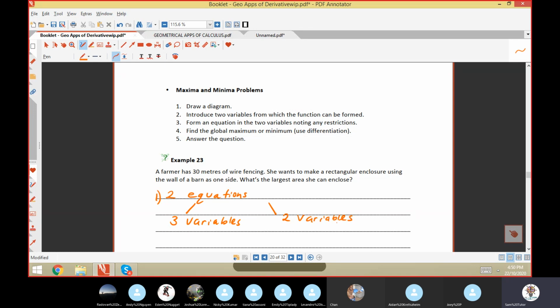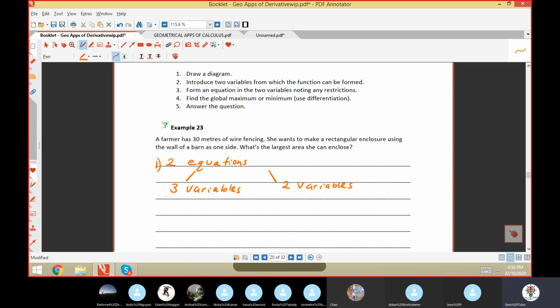So 2 equations, one's going to have 3 variables, one's going to have 2 variables. From the 2-variable one, you're going to make 1 of the variables the subject. Does that make sense?